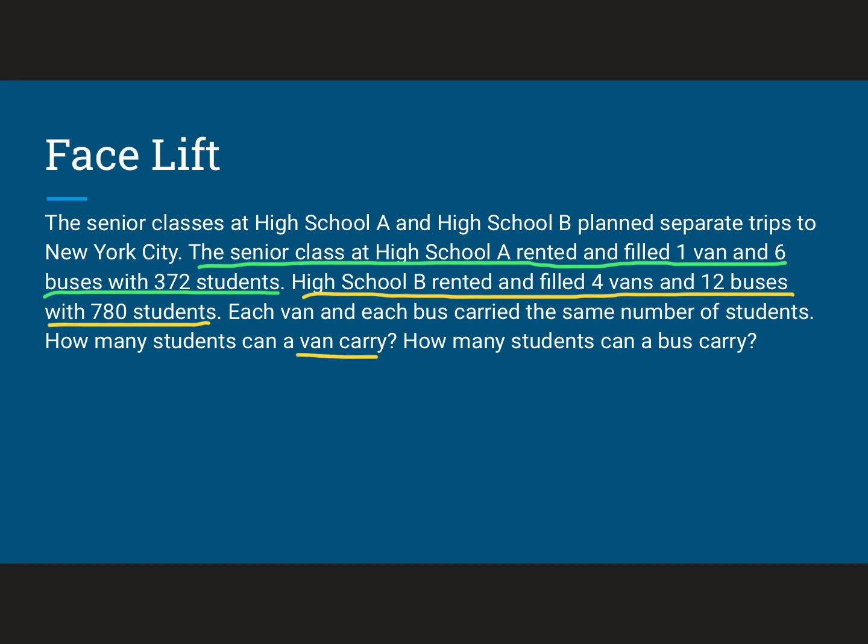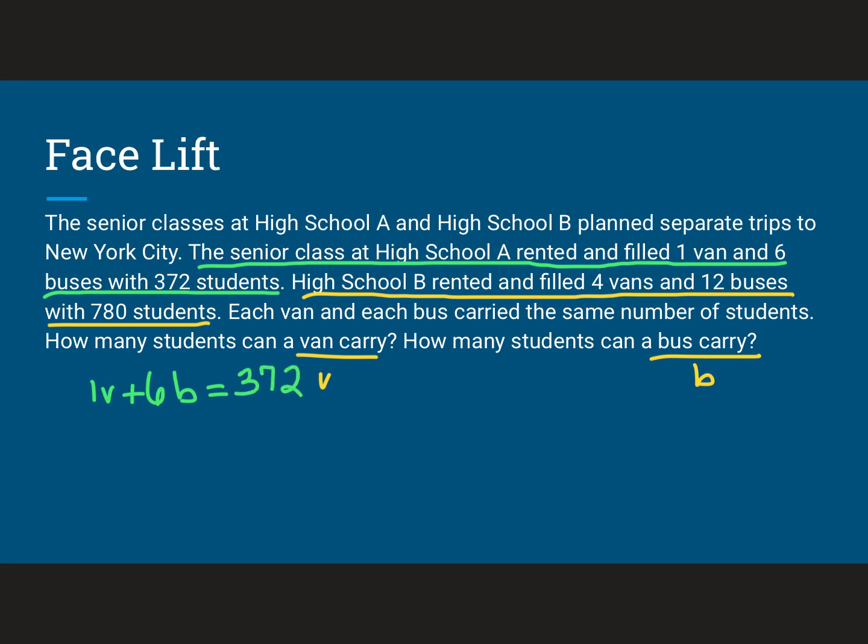So I'm going to call the van V. How many students can a bus carry? Well, I would call that B. And it's important to use letters you remember what they are, because at the end you've got to remember which one is which. So, High School A had 1 van, that's 1V, and 6 buses, plus 6B, and they had 372 students.